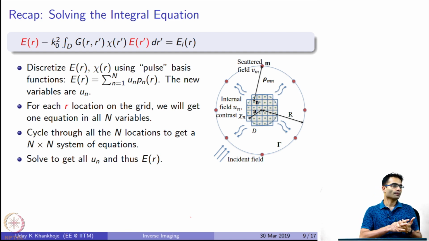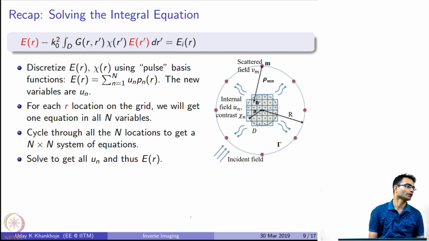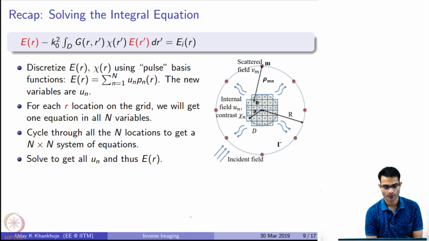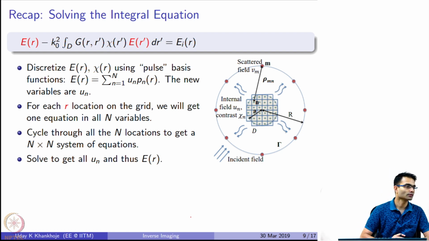So, what did we do? We took our domain and we discretized it into little squares. In a 2D problem squares, in a 3D problem cubes. And the simplest way to solve this was using what is called a pulse basis function. So, what is a pulse basis? 1 inside a little square, 0 everywhere else.